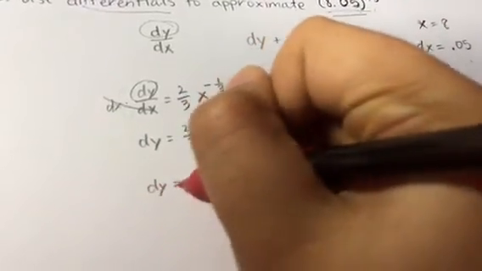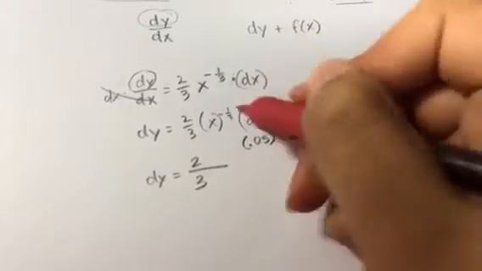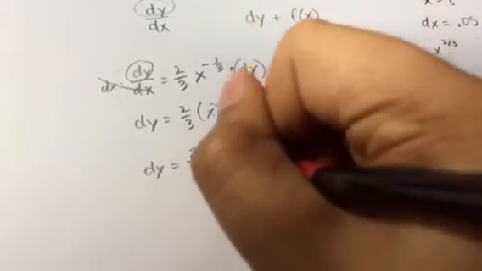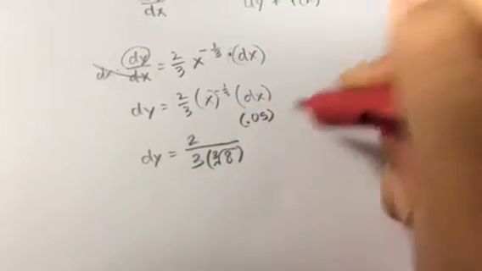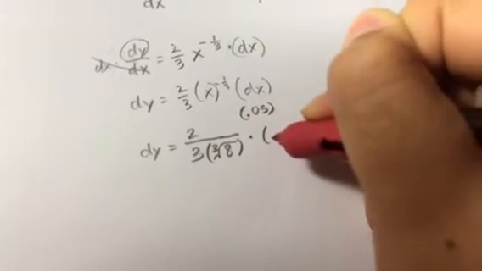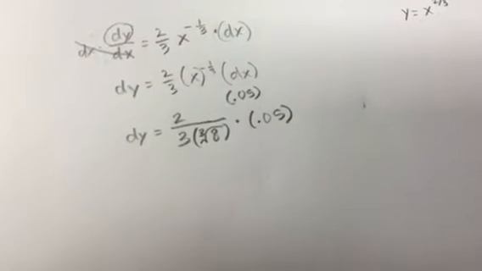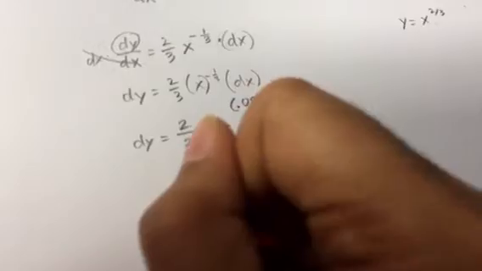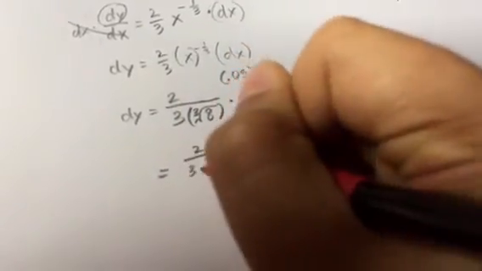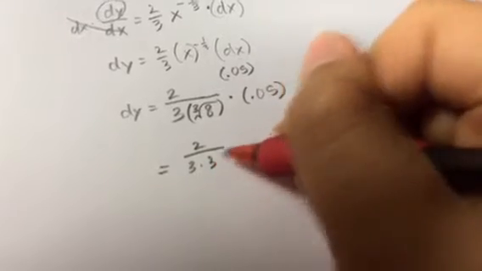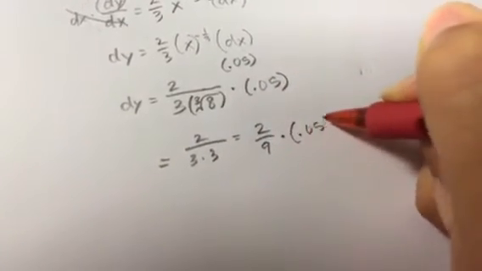So dy equals 2/3, and since this is a negative 1/3, we can take it to the denominator. So cube root of 8 times 0.05. Then from here, we can reduce this to 2/3, and then this gives you the value of 3. So we have 2/9 times 0.05.